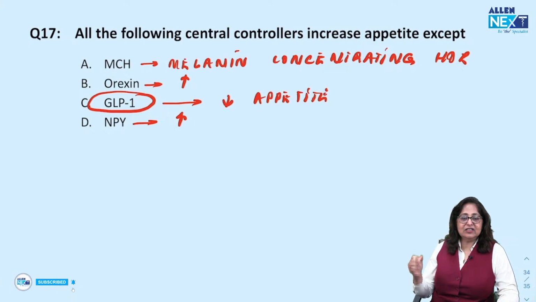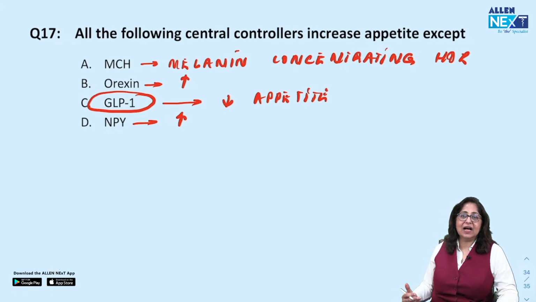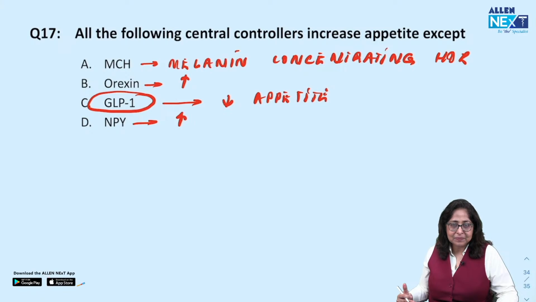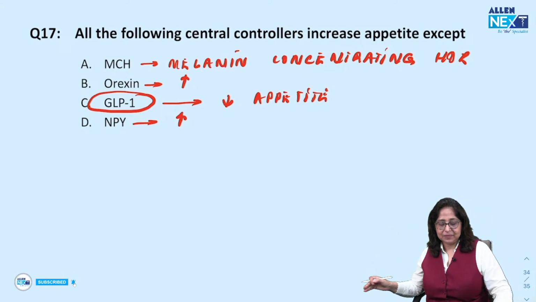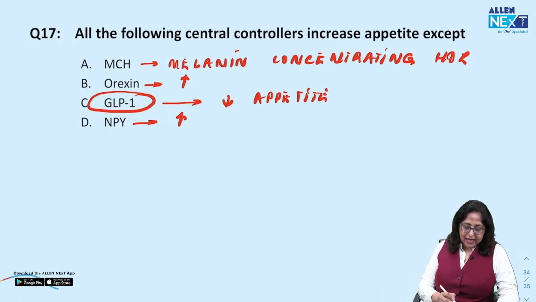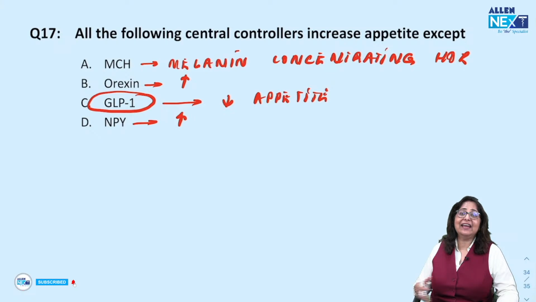Remember, appetite is control of hunger. The hypothalamic center which controls hunger is the lateral hypothalamus. What produces satiety is the ventromedial hypothalamus. So these hormones, MCH, orexin, neuropeptide Y, will act on the lateral hypothalamus and increase appetite.